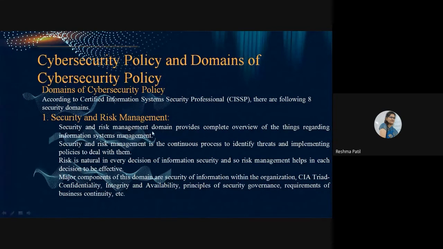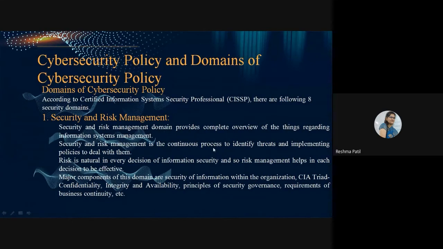Security and risk management is the continuous process to identify threats and implement policies to deal with them. That part is also covered under this chapter.